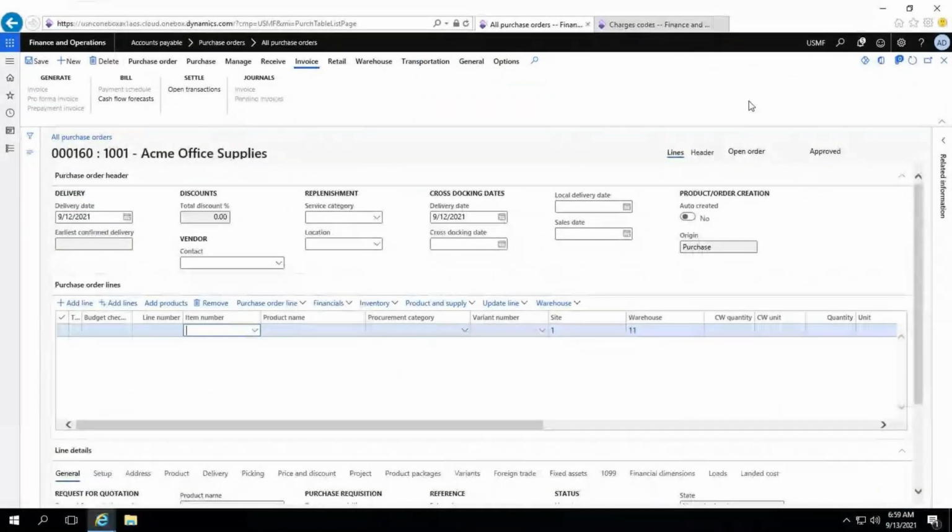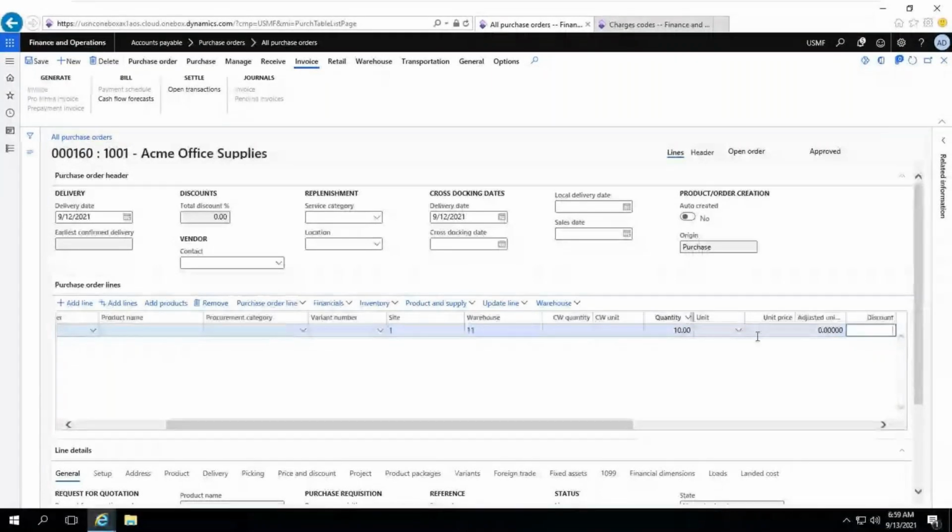Let me select item 1000. Suppose I'm taking 10 quantity, and the unit price is automatically updated with 899.